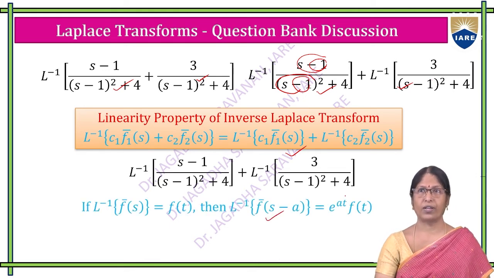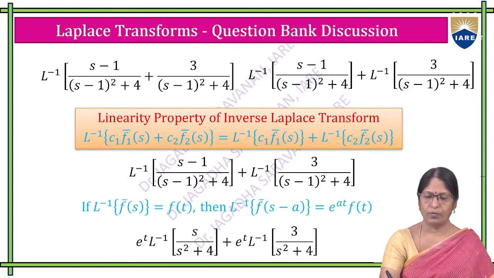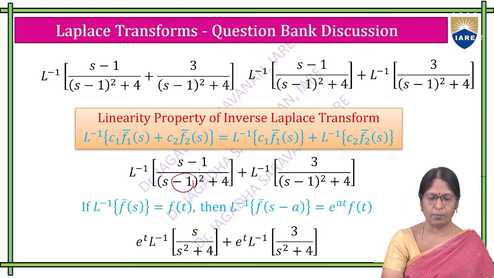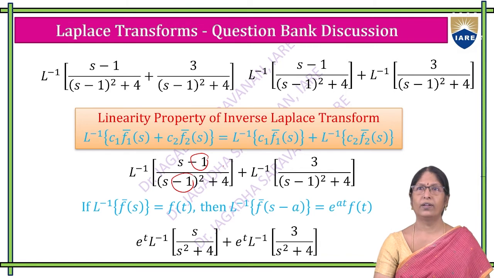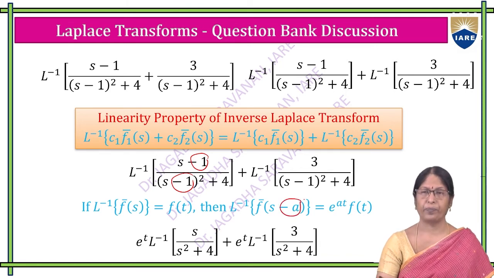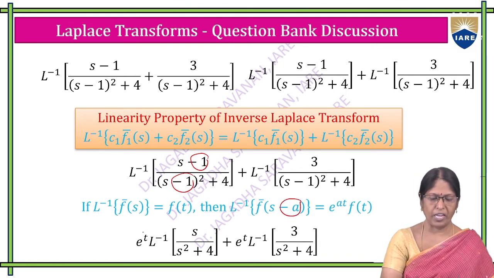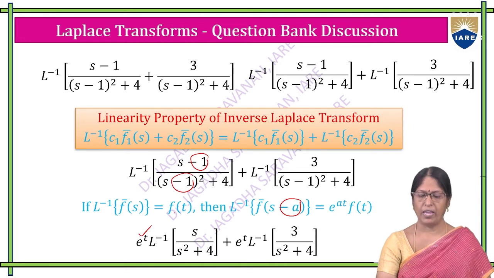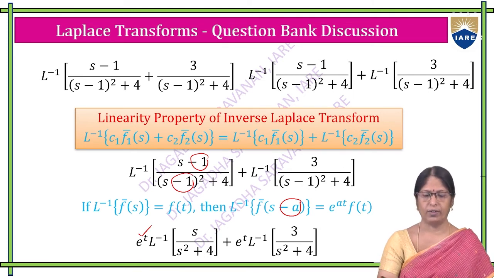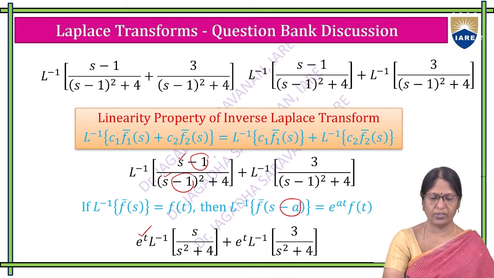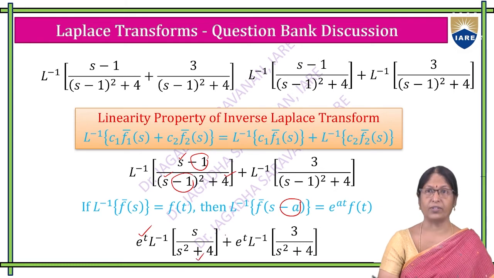We are using the first shifting property. For that, we can see minus 1, that is minus a. For that, e power t. In place of a, minus 1 is there. E power t, and the remaining terms, where I am putting the ticks, are written as they are.